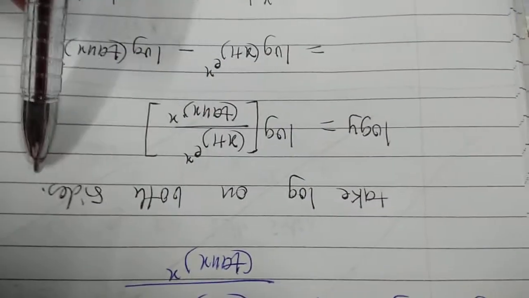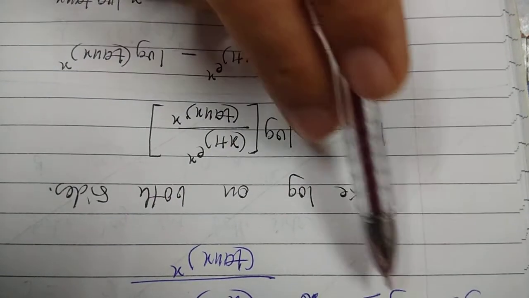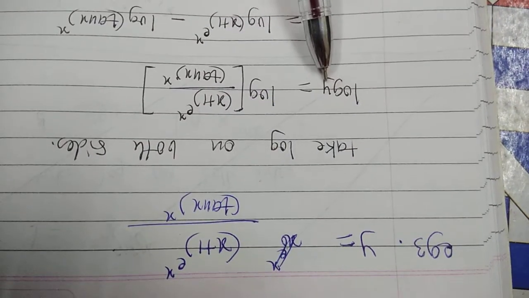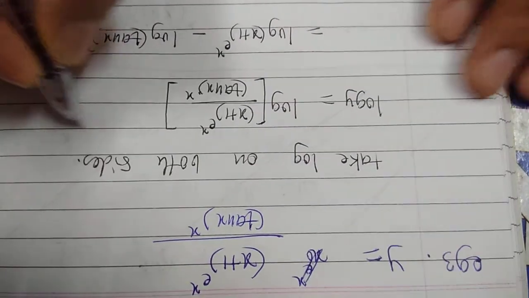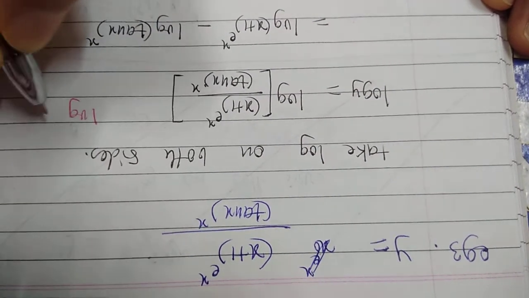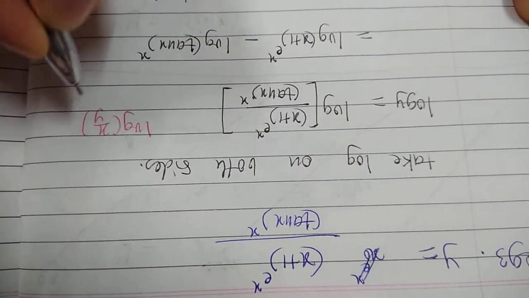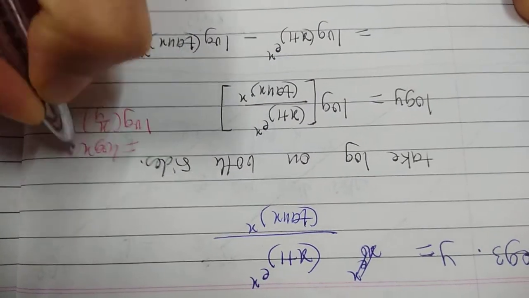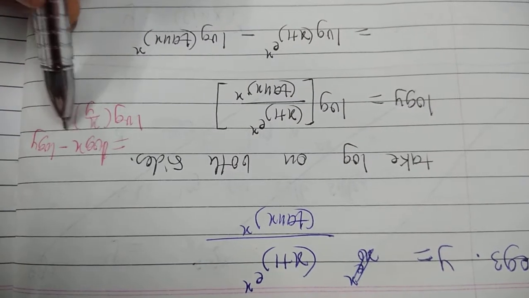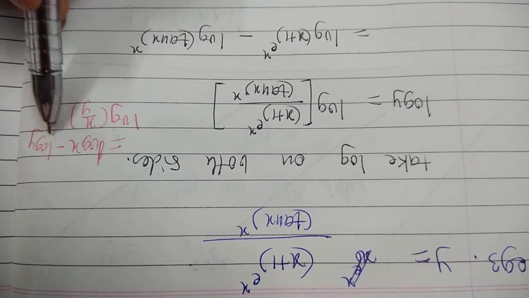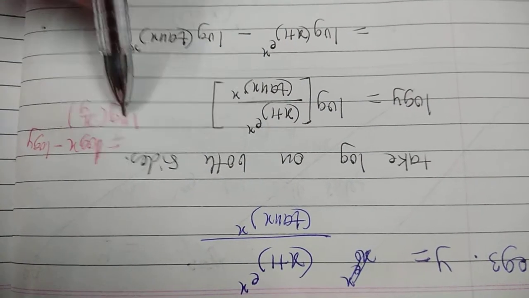Taking log on both sides, on the left side it is log of y, and log of this whole thing. Here we have to use log of x upon y, that is log x minus log y. This is our second formula of logarithmic properties: log x minus log y is log of x upon y.